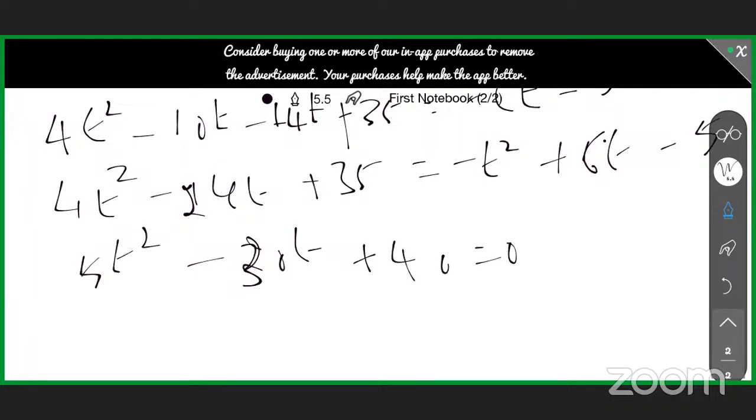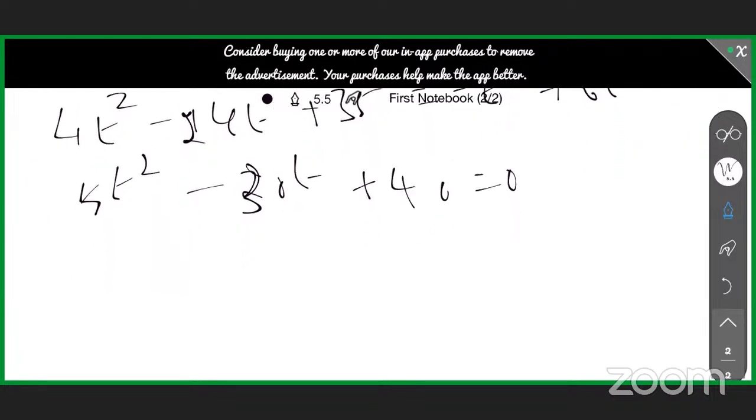So if I take 5 common outside, t square minus 6t plus 8 is equal to 0. If I factorize this one, if I multiply, I should get plus 8, and if I do addition and subtraction, I should get minus 6.